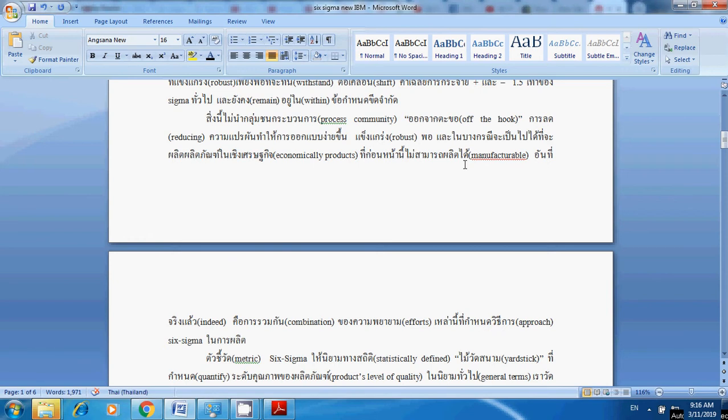Indeed, it is the combination of the efforts that defines the Six Sigma approach for production.